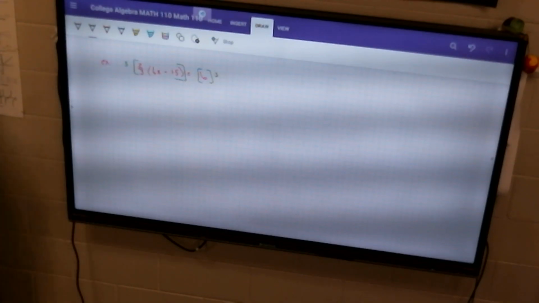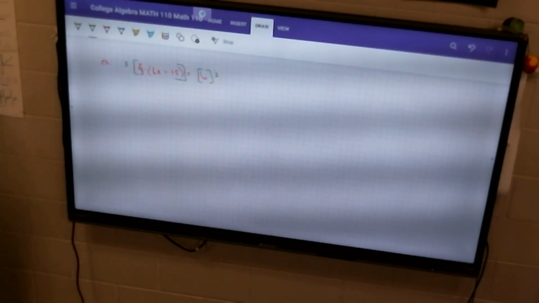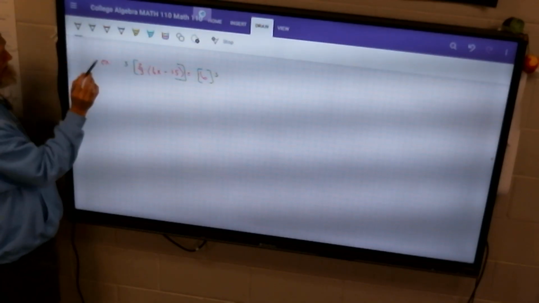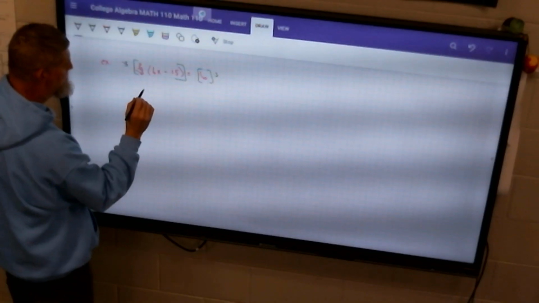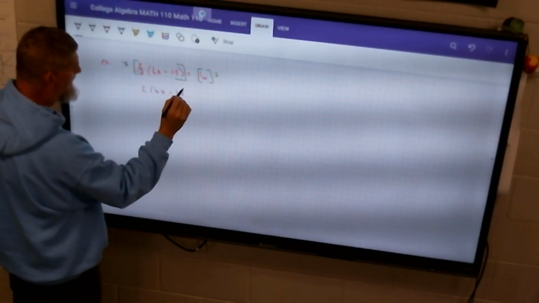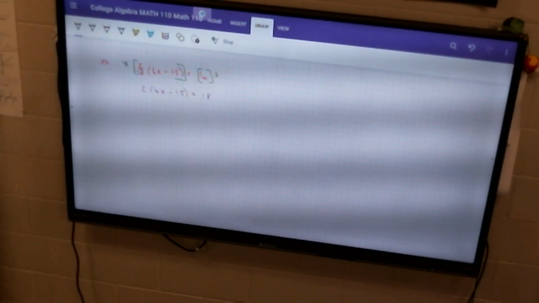And this is one term over here, so I'm going to multiply this by 3. Okay. So what happens on this side? Multiply by 3. They go up by 3. Actually, what can I do with the 3 on the top and 3 on the bottom? They cancel out. So I'm left with 2 times 6x minus 15 equals 18.